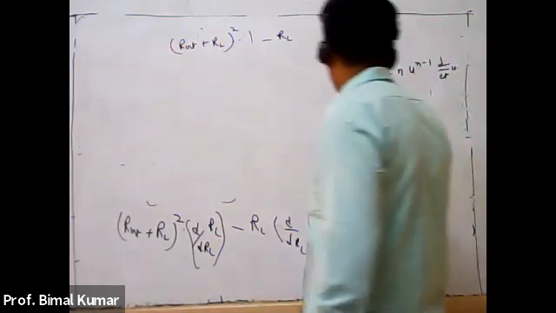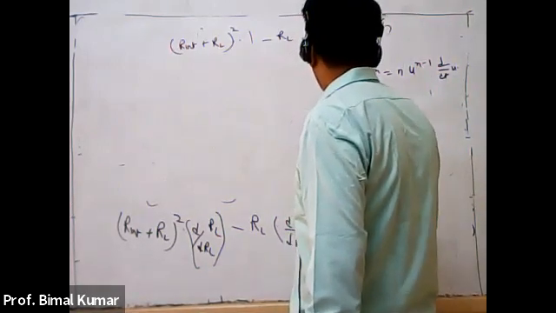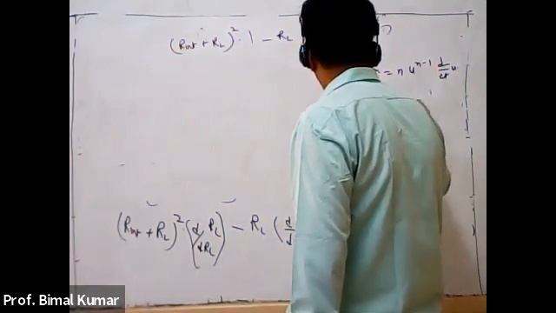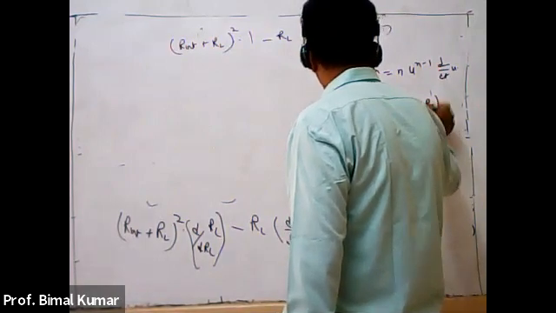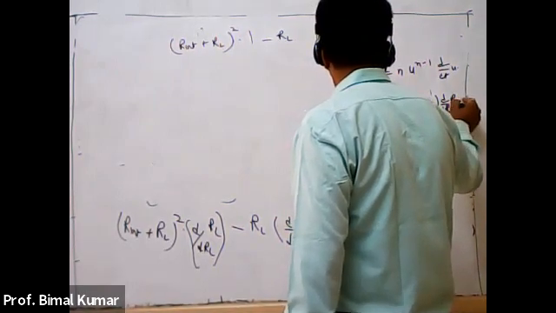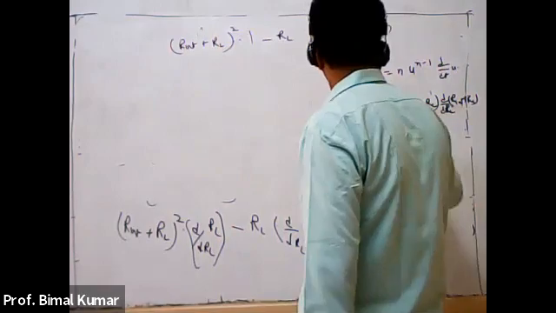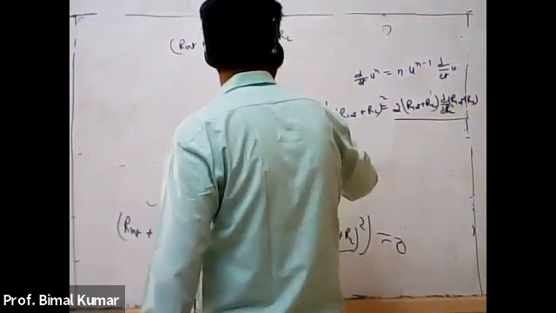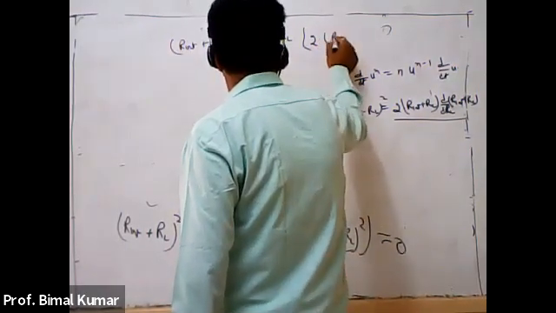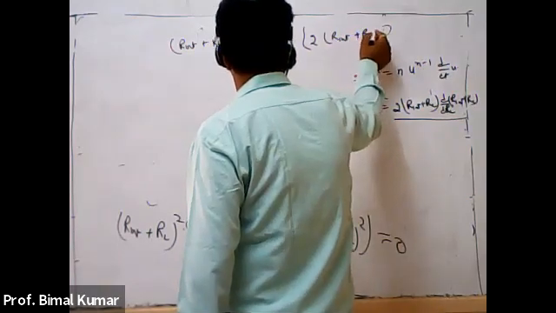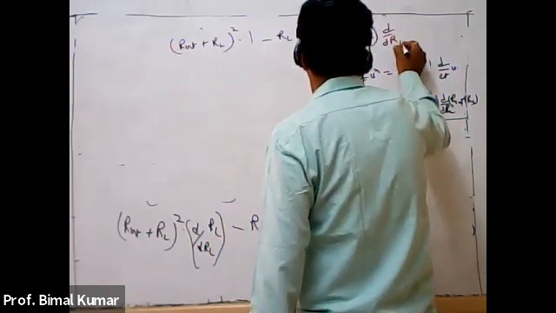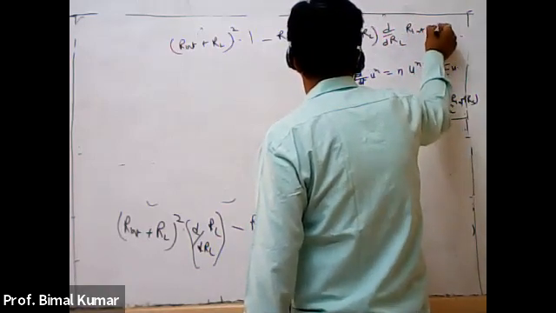So d by dRL of (R internal plus RL) whole square will be equal to 2 into (R internal plus RL) raised to 2 minus 1, into d by dRL of (R internal plus RL). I'm just going to substitute this here: RL into the differentiation of this, that will be 2 into (R internal plus RL) into d by dRL of (R internal plus RL).